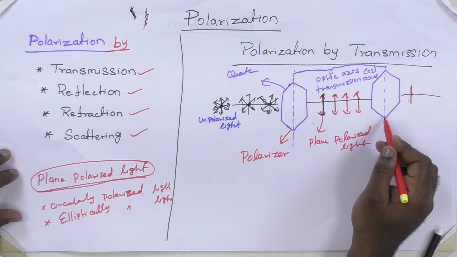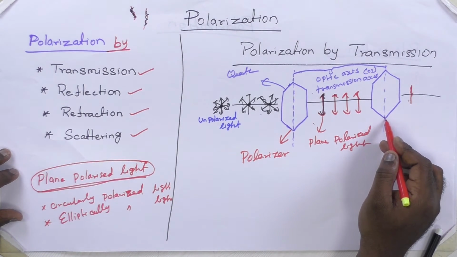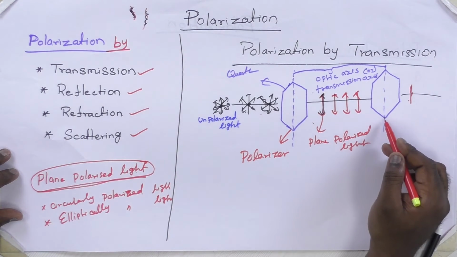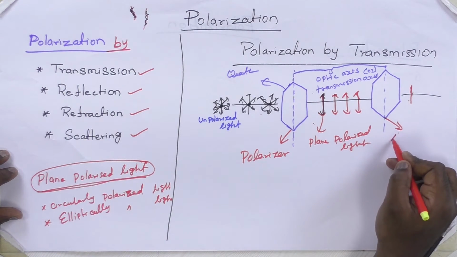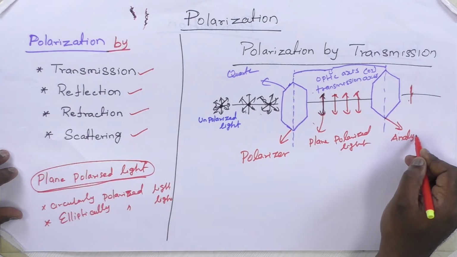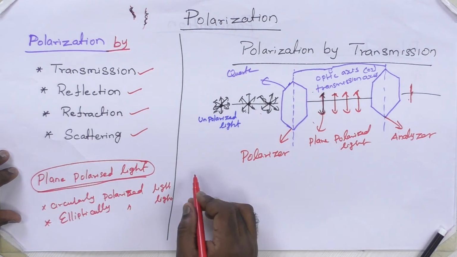Similarly, here we have the same kind of crystal, but generally we call this one an analyzer. What is the difference between polarizer and analyzer?